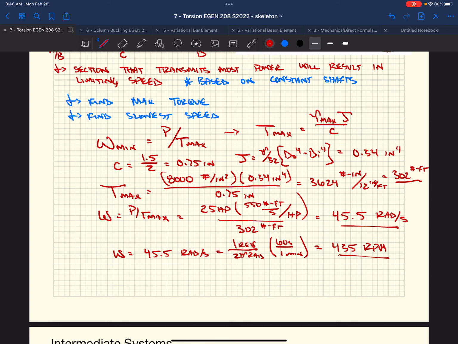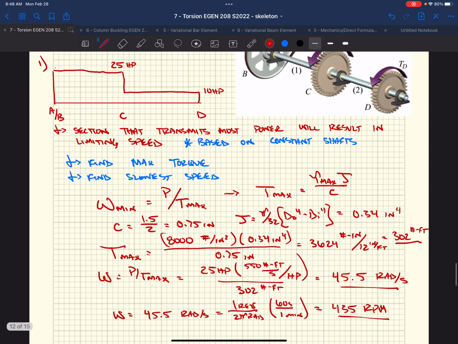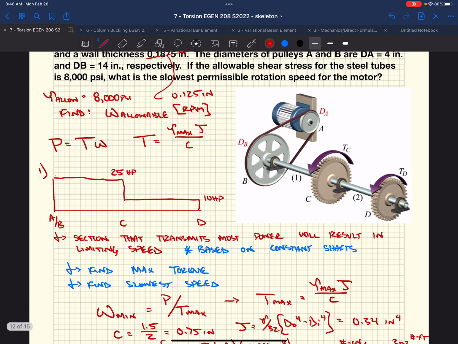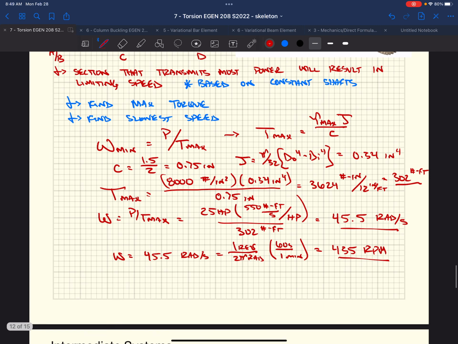Got one last step. We're going to get through it here. This is the minimum rotational speed of our shafts. The motor and the shaft are connected through gears, through our pulleys, which have varying diameters. So the speed with which the motor has to drive is different in order to get the speed that's required in the shaft. And so how does that work?